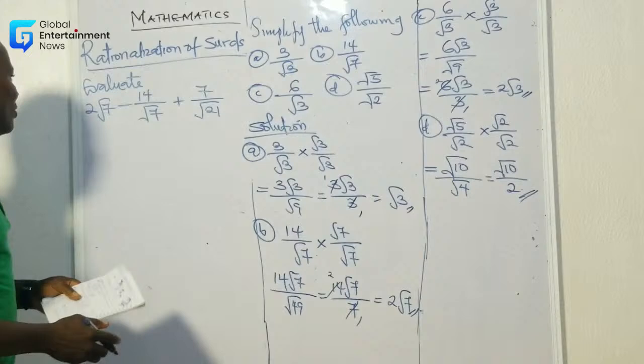It's still going to give me 21. 7 cannot go, 7 again, 1, 1. 3 times 7 is 21. So the LCM is 21. So multiply all through by 21.